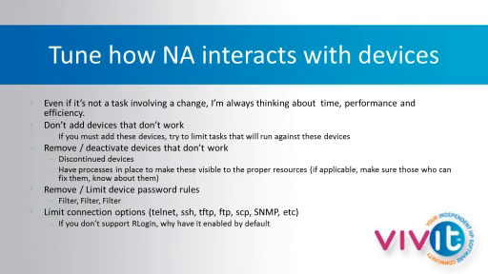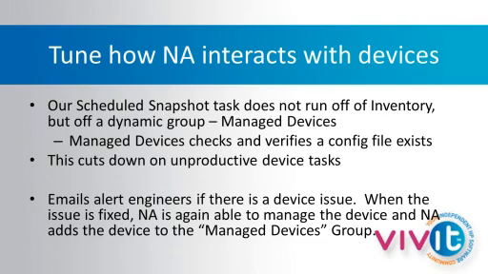It's going to try every password rule. And that's just time that it's going to take to either be successful or fail. So again, good option here. You can cut down on what I call unproductive device tasks.